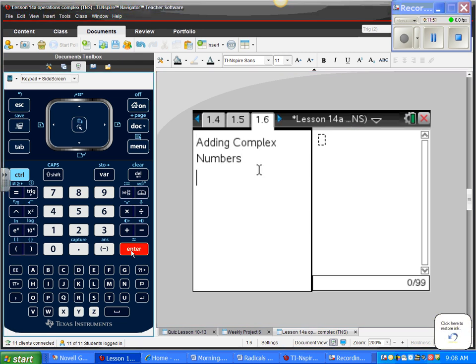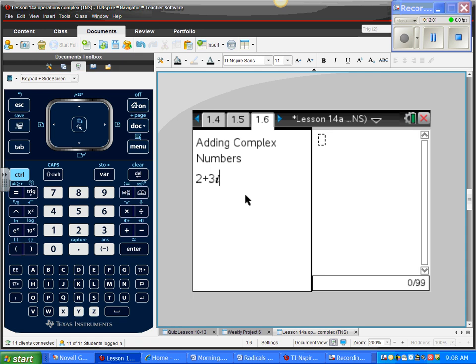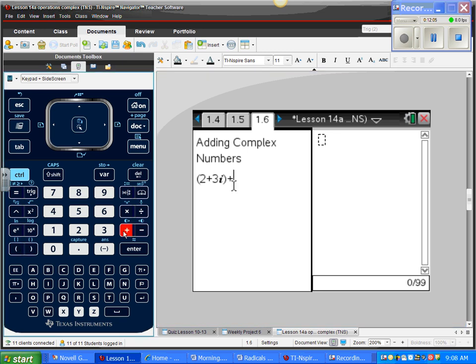Okay, next page. Let's say we want to add together two complex numbers. Let's say I have 2 plus 3i, and I want to add to that 3 minus 4i. This is actually really simple. All I have to do is combine like terms.